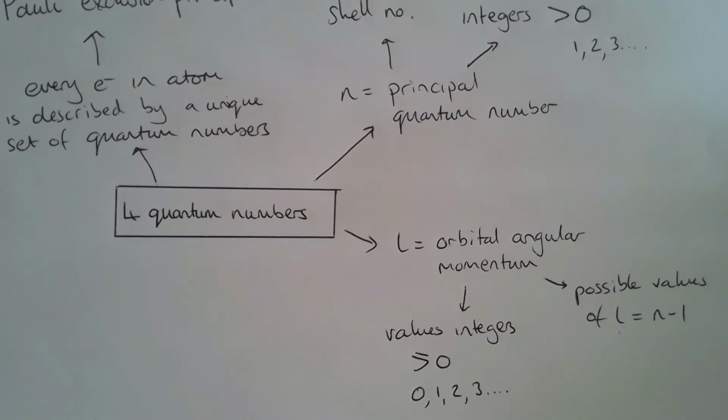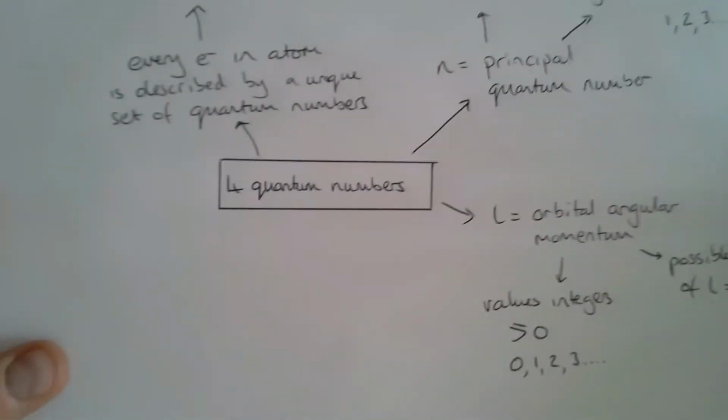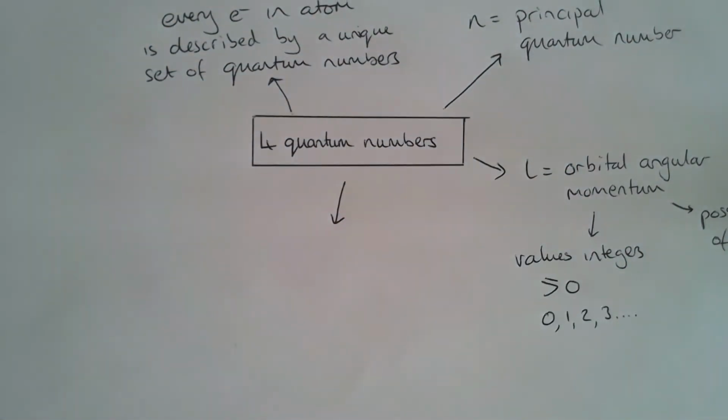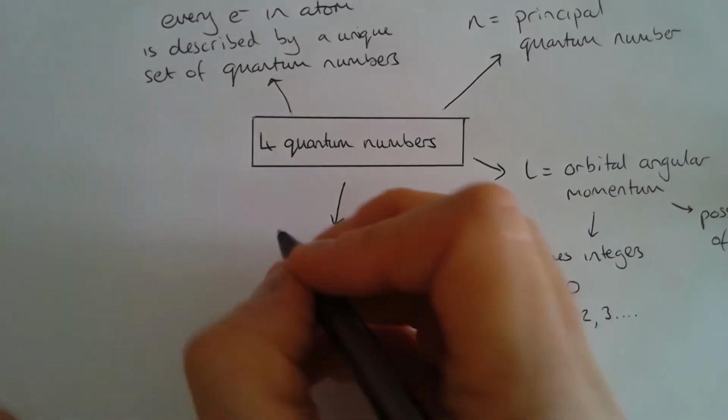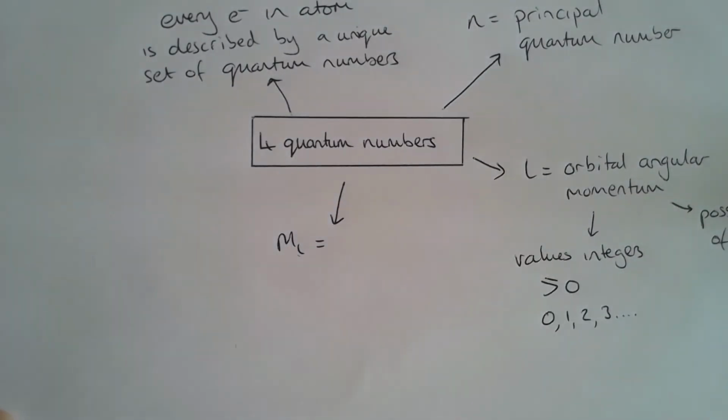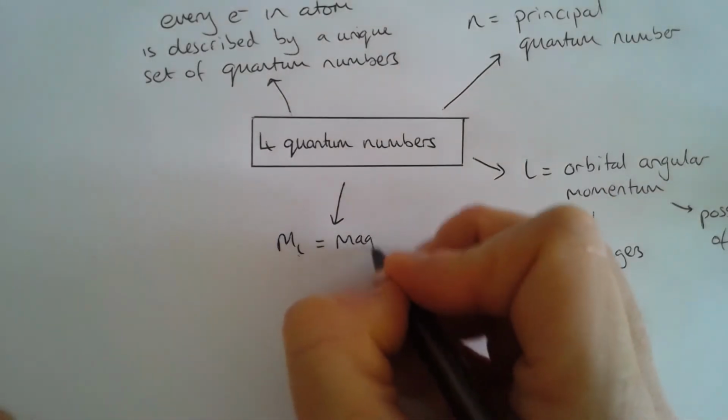Once we've described our electron by its principal quantum number n and then its orbital angular momentum, we then describe it by its magnetic quantum number, which is ml. So m with a subscript lowercase l, magnetic quantum number.